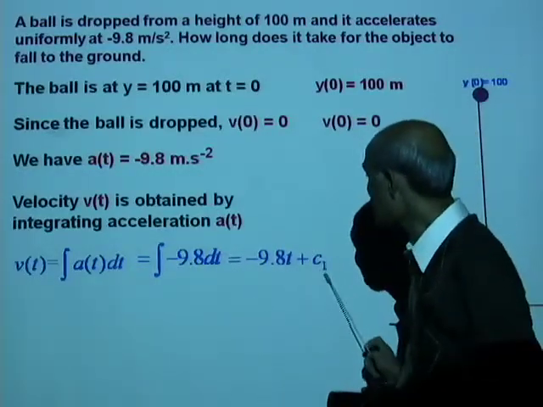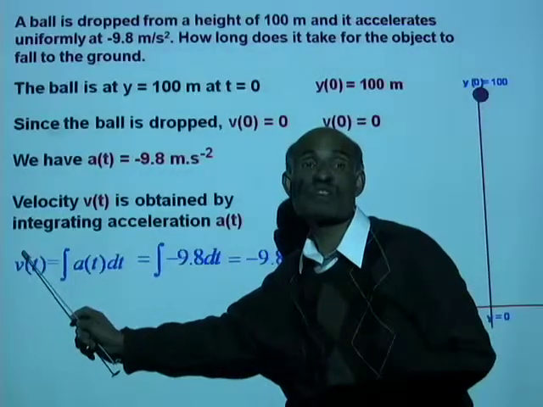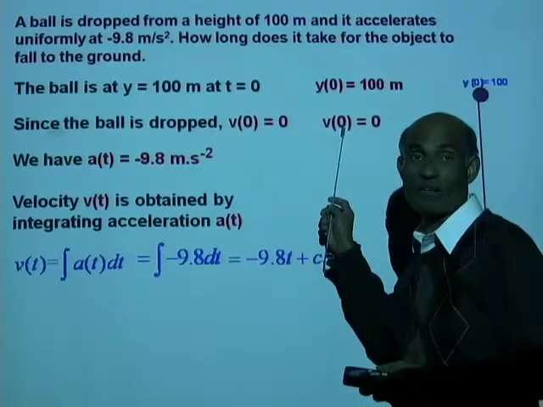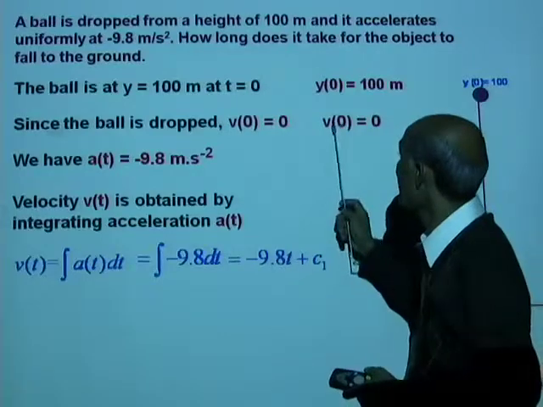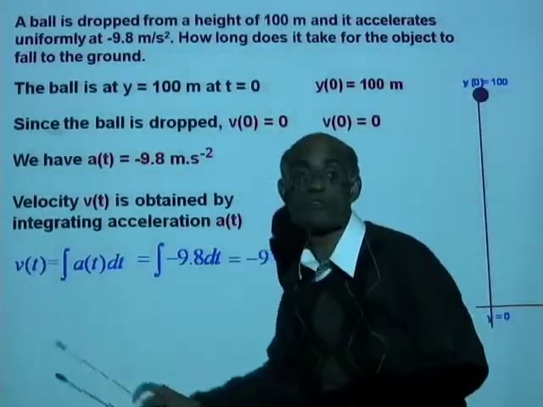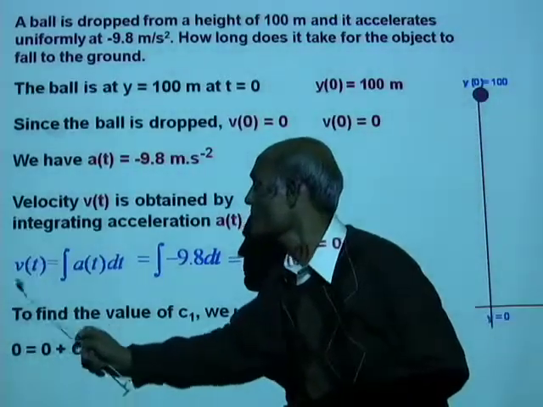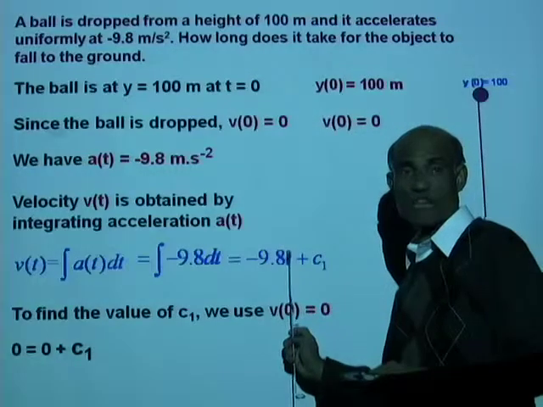Now, how do you find this c1? Well, we can find the c1 because you know the velocity at a given time. There you go. When this t equal to 0, the v is 0. Therefore, we say 0 equal to 0 plus c1. I hope you understand here.